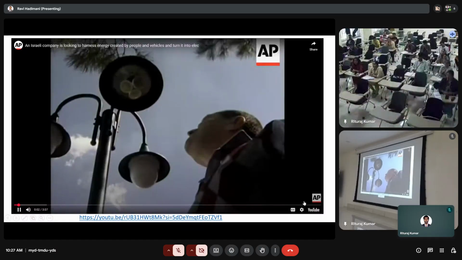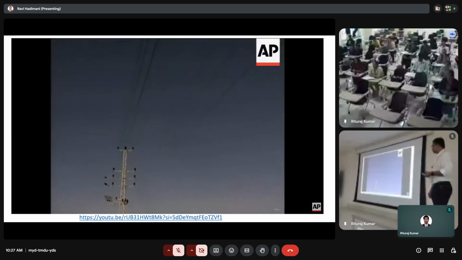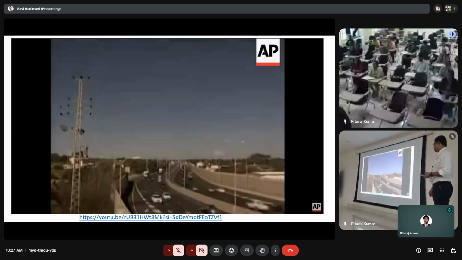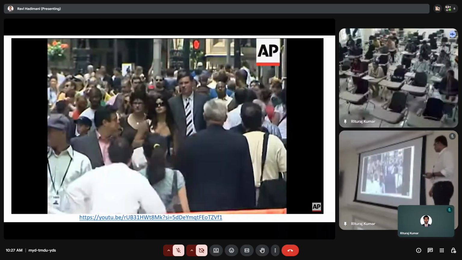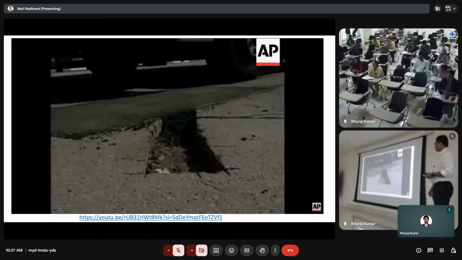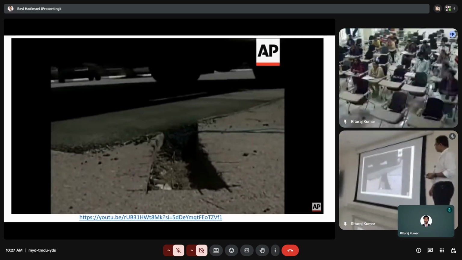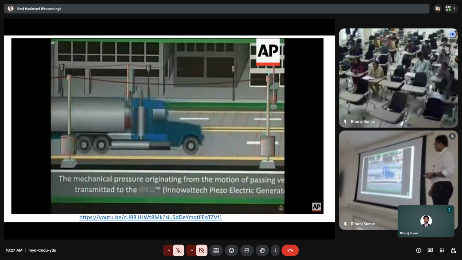Imagine generating energy with the push of a button. An Israeli company has come up with a way for some of the biggest energy consumers on the planet, cars, trucks, and ordinary people, to generate energy by simply doing what comes naturally, moving across a surface. By embedding generators into roadways and sidewalks, Innowatech has found a way to turn pressure into energy.